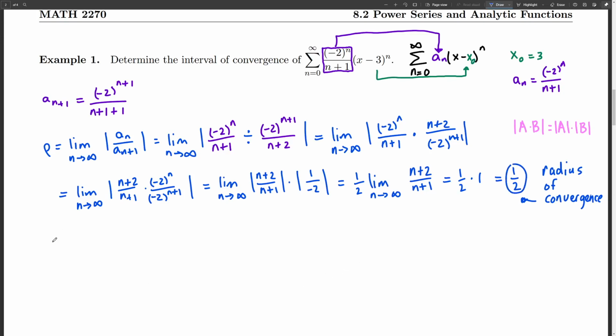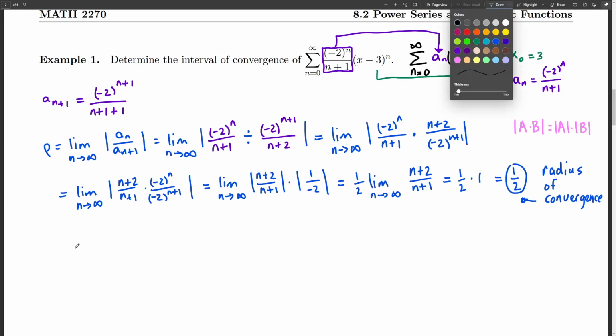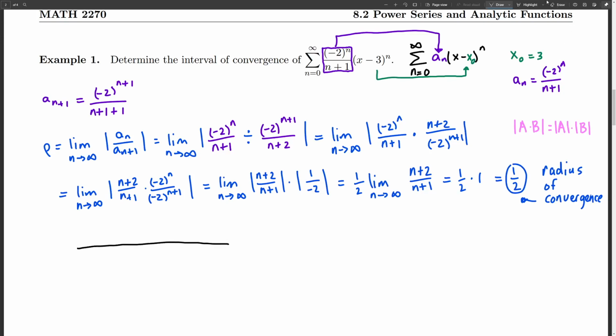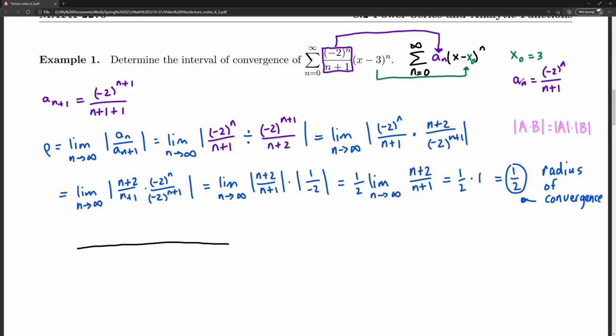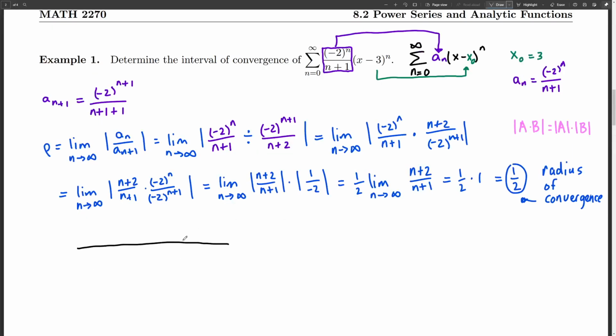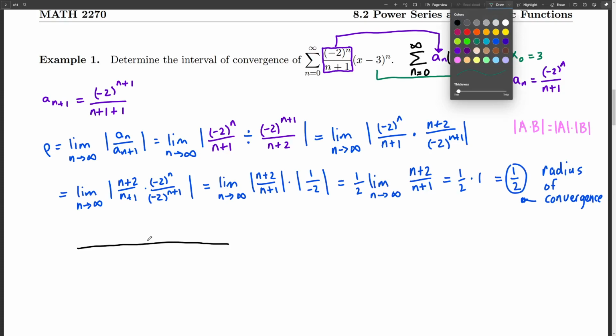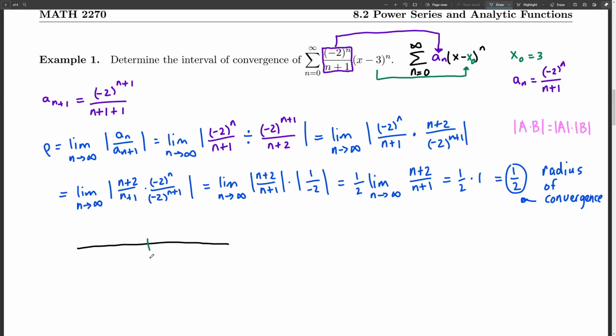Okay, so now for the interval of convergence, we so far have the following. On the number line, we mark our x naught, which is 3. Then we have x naught plus rho and x naught minus rho.